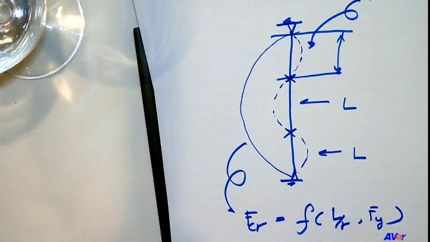Of course, I can write that. So now that we know compression will cause buckling, it will cause columns to move sideways. So if you can prevent that movement, you can somewhat control the critical buckling stress of the column.